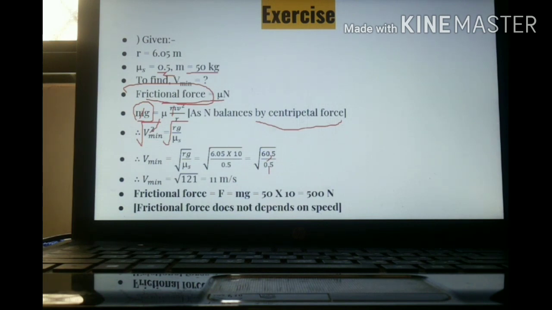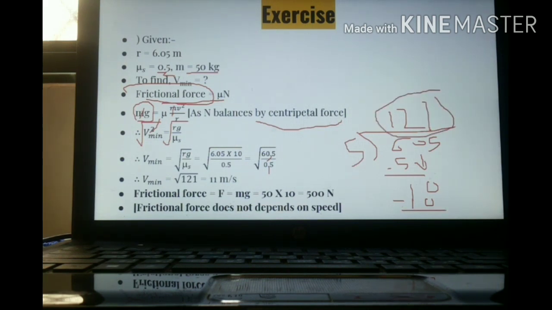Now divide 605 by 5. The answer is 121... 5 times 1 is 5, bring down, 5 times 2 is 10, 5 remains, so 5 answer 5. So 125 is the answer, so root 125, which we know is 11. 11 times 11 is 121. Now we have got the minimum speed at which the cyclist has to move in the cylindrical well of death, the मौत का कुआं.